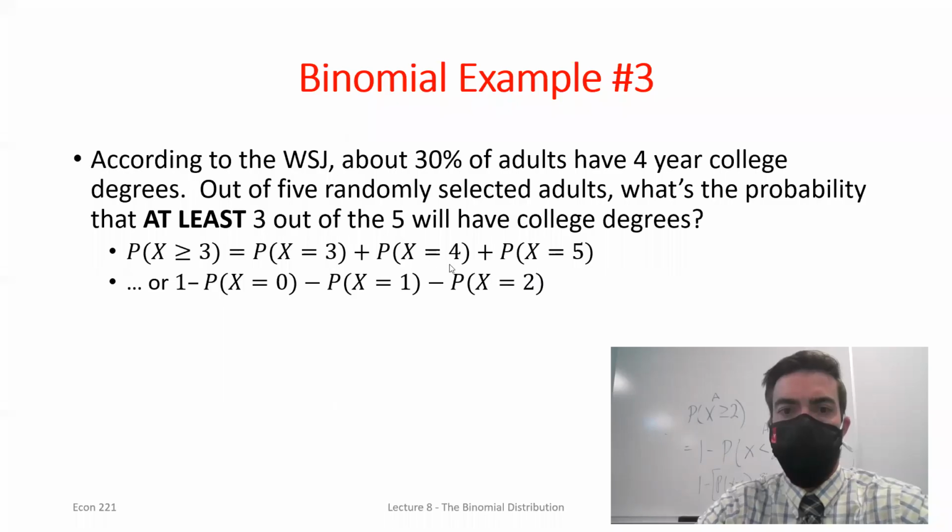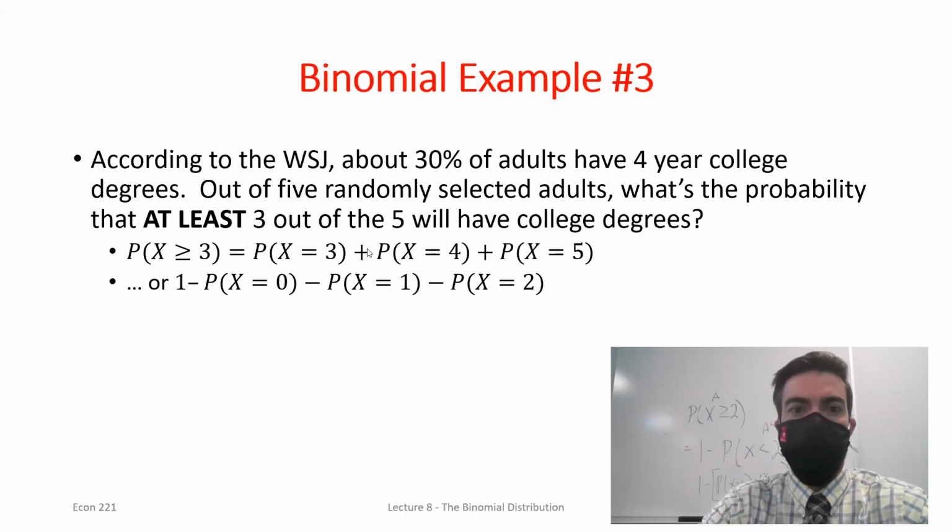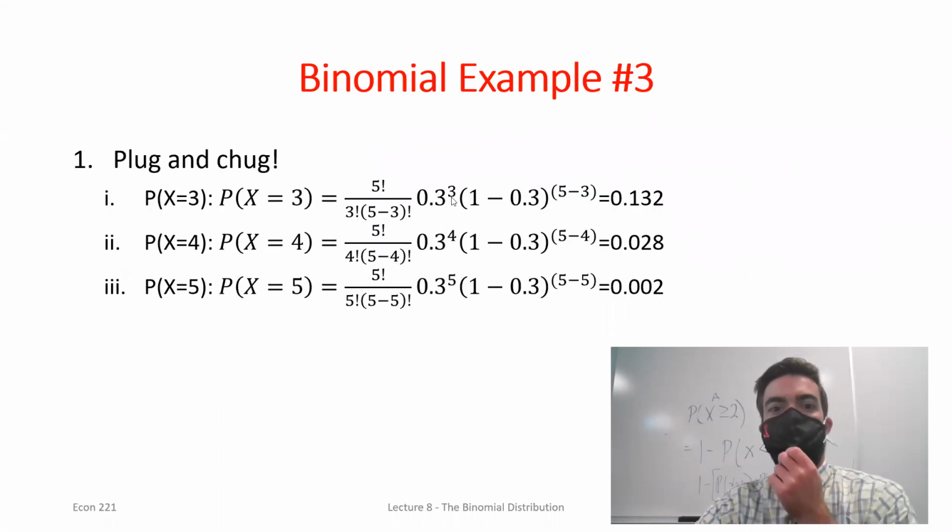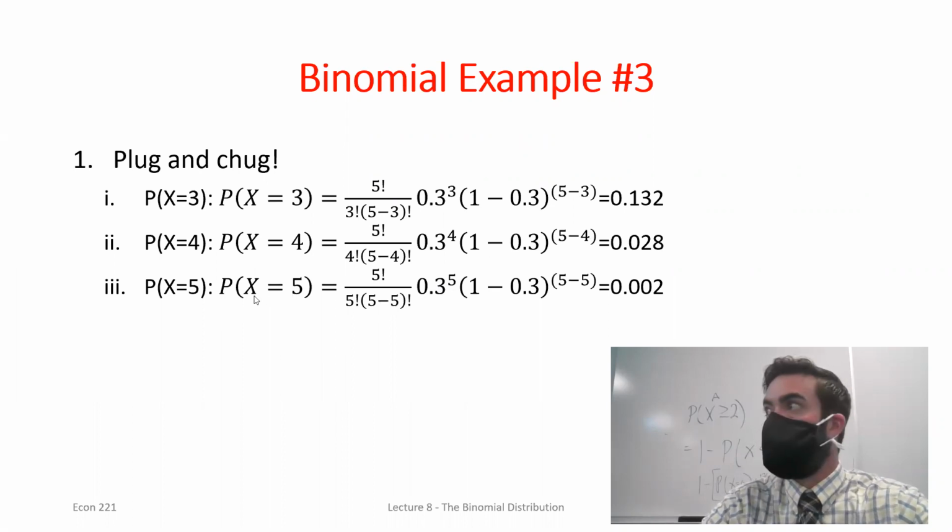No other questions? So I already went through all this on the board, but I can rewrite this as the probability of 3 plus 4 plus 5, or 1 minus the complement. Either way gets me the same answer. We already talked about finding these two. The probability x is equal to 5, I said it's approximately 0. Apparently, it's a little bit higher than I thought. It's 0.002, so we could get it out to the third digit there if we really wanted to.